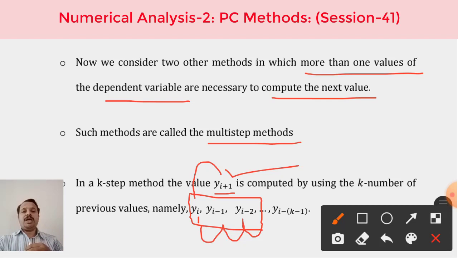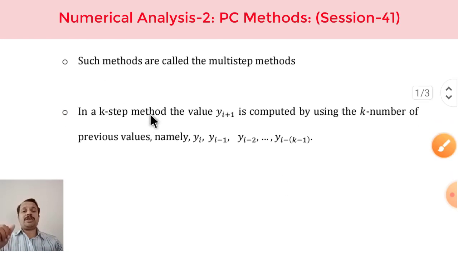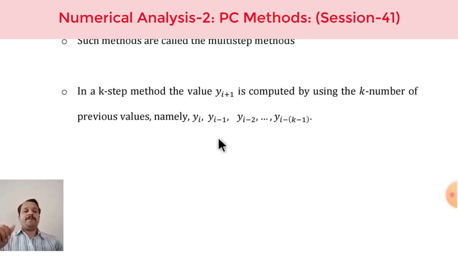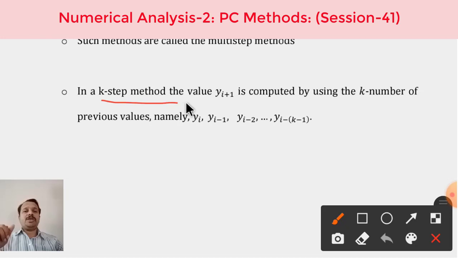In general, a k-step method is one in which, in order to compute yi plus 1, that is the value of y at xi plus 1, I need the previous k values.